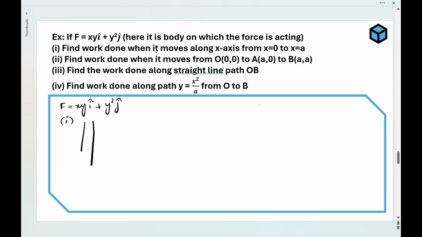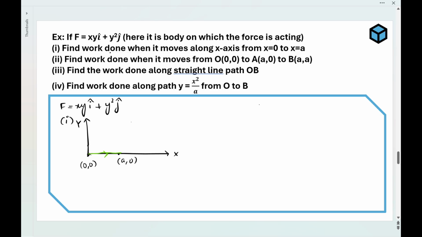Now just draw the same graph in the same manner as we drew earlier. So this is the x-axis, this is the y-axis. Along the x-axis, 0, 0 to a, 0, and our trajectory would be this.